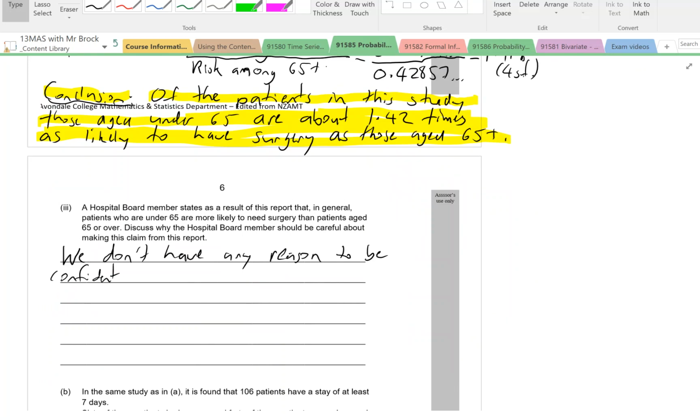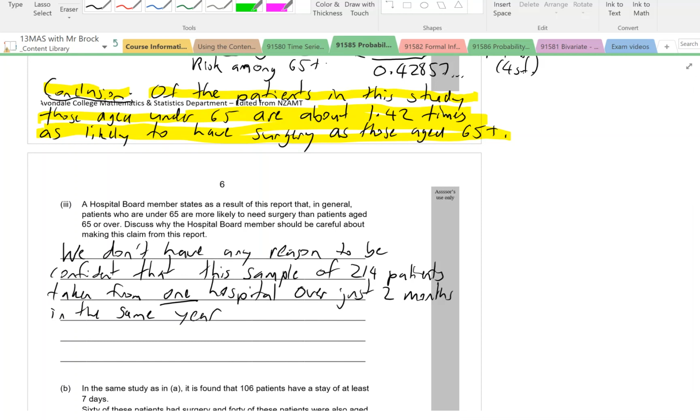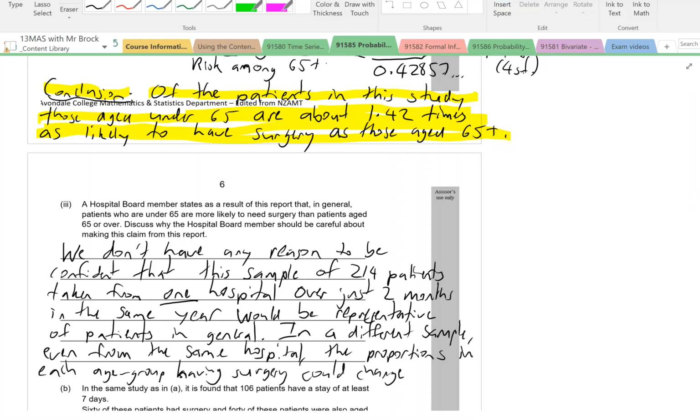We don't have any reason to be confident that this sample of 214 patients taken from one hospital and only in 2 months of 1 year, would be in any way representative of patients in general. In another sample, even from the same hospital, there could be completely different proportions of patients needing surgery in each age group. So the proportions having surgery in each age group could change.